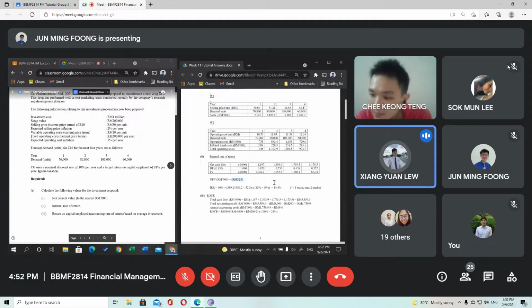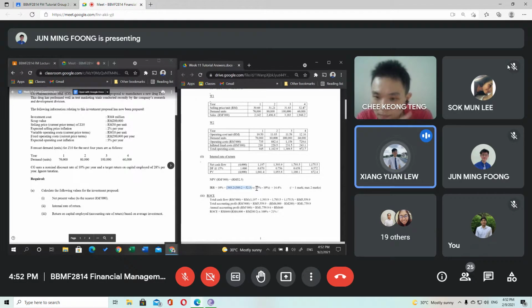Then for the IRR, we bring the amounts into the formula. A is the lower rate, so it's the 10% plus the NPV A, which is 389.2, divided by NPV A minus NPV B. But the NPV B is negative, so negative negative gives a positive, so it's 389.2 plus 52.3.